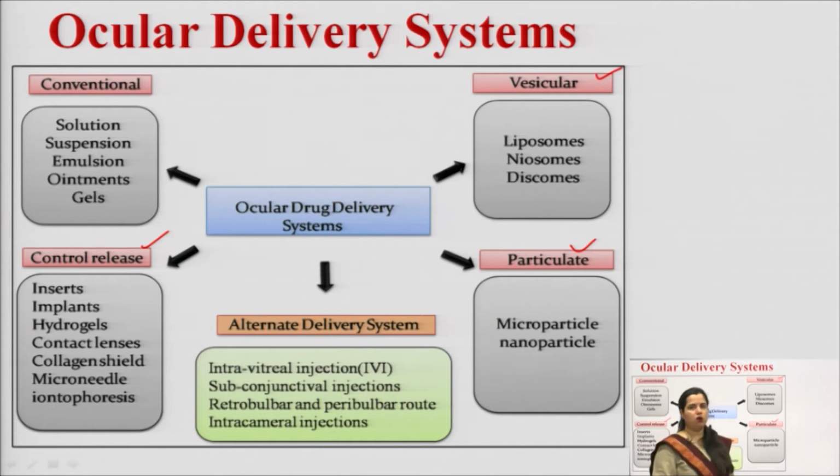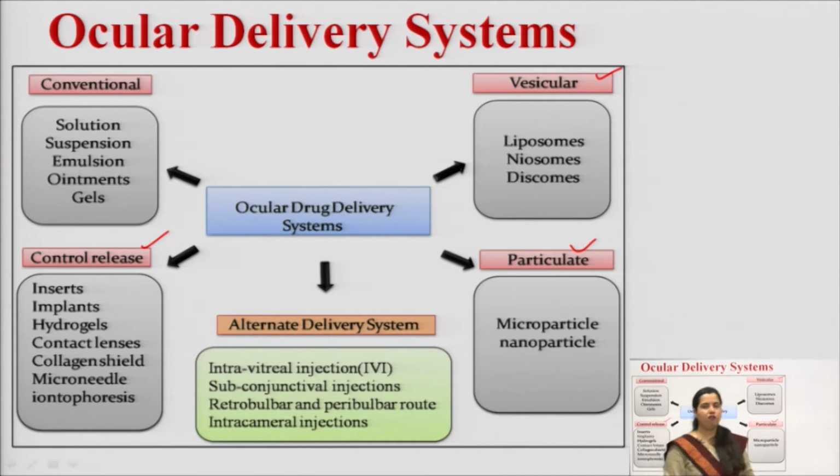Particulate systems, or solid systems, consist of microparticles and nanoparticles. As these are particulate systems with sizes in the micro and nano range, they offer easy penetration of the drug candidate across the cornea, conjunctiva and sclera.